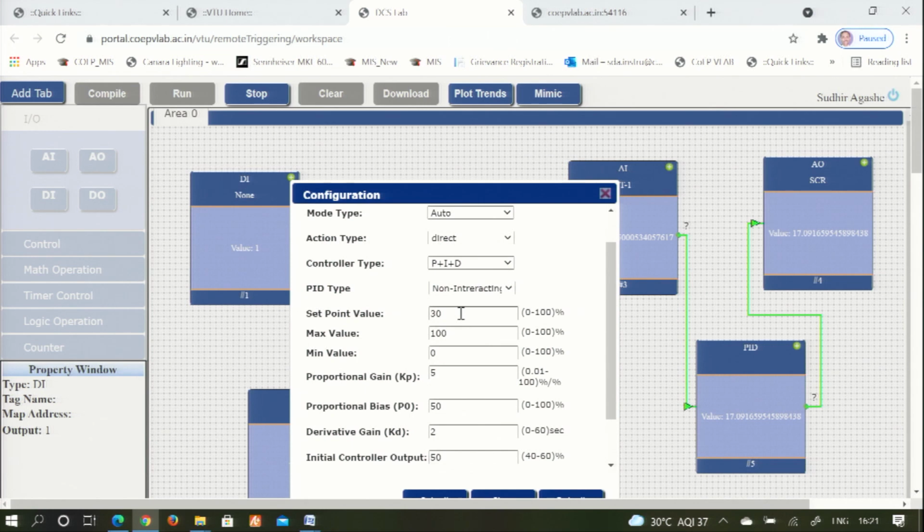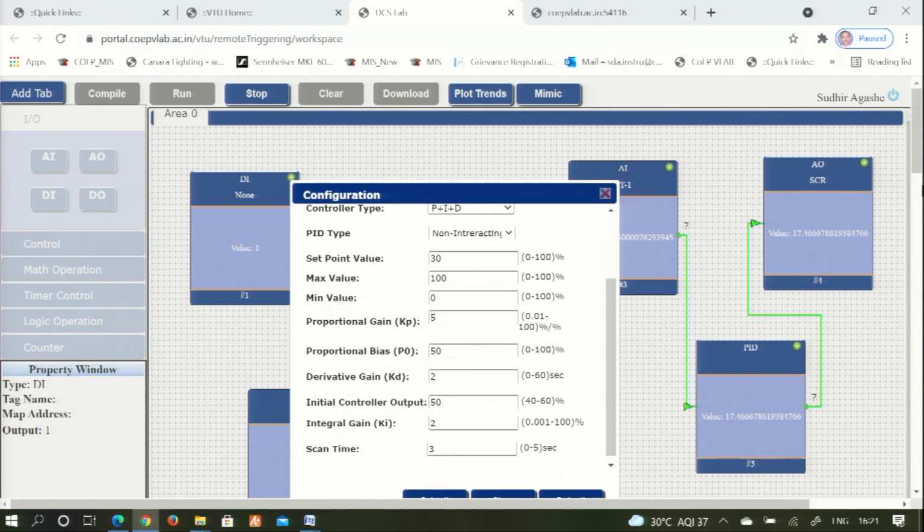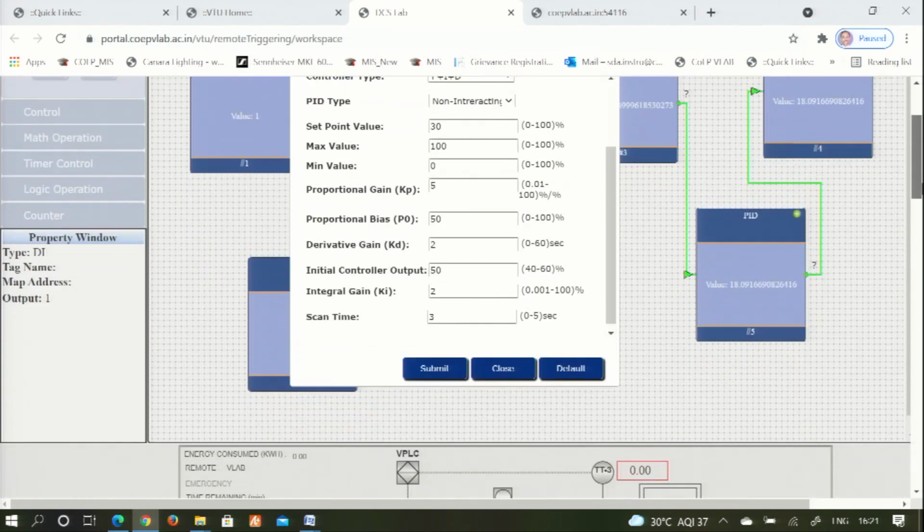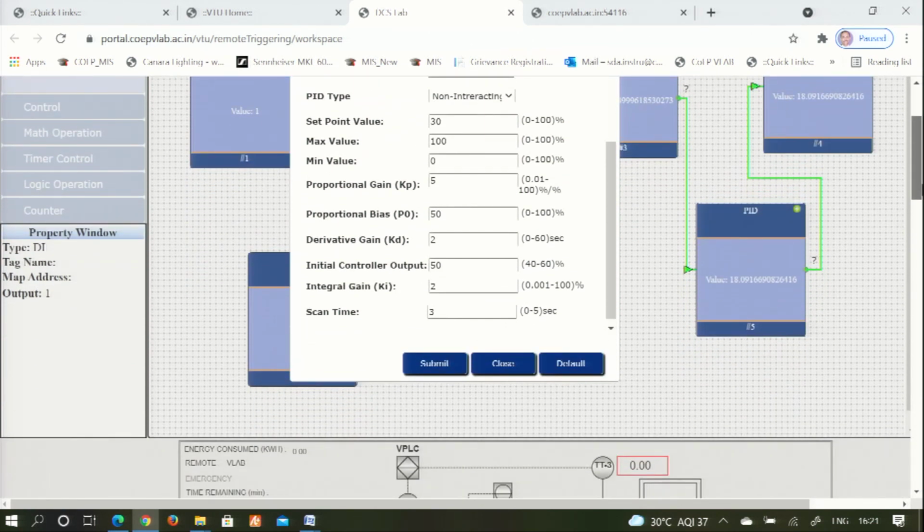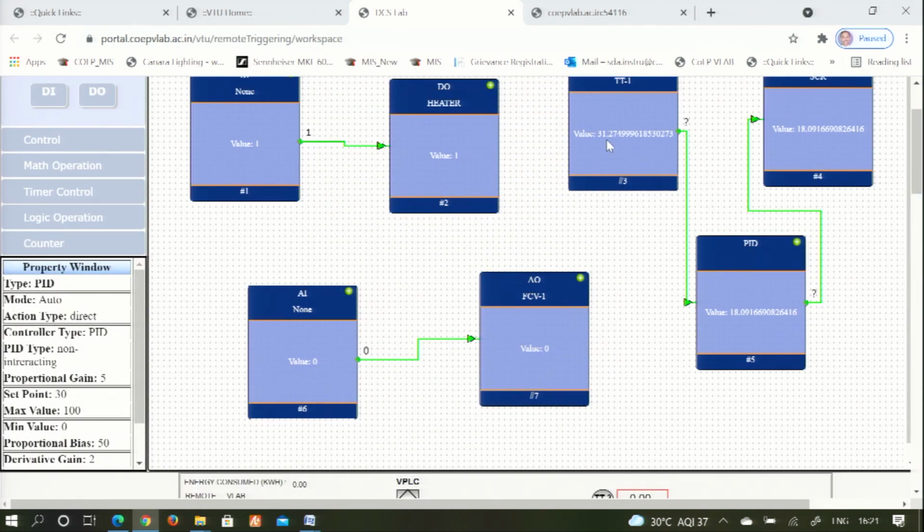At present the temperature is being kept at 60 degrees Celsius, and the temperature is slightly more than 60, and that is the reason the PID controller is showing you that the SCR is not fired fully, it is just 18%. If I close this, you will find the temperature is 62 degrees Celsius, that means above. So, it is fired only for 18%.